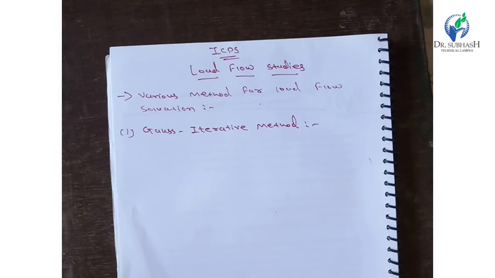It is a trial and error method, providing a sufficiently accurate numerical solution. As we said earlier, it is a trial and error method for providing a sufficiently accurate numerical solution.